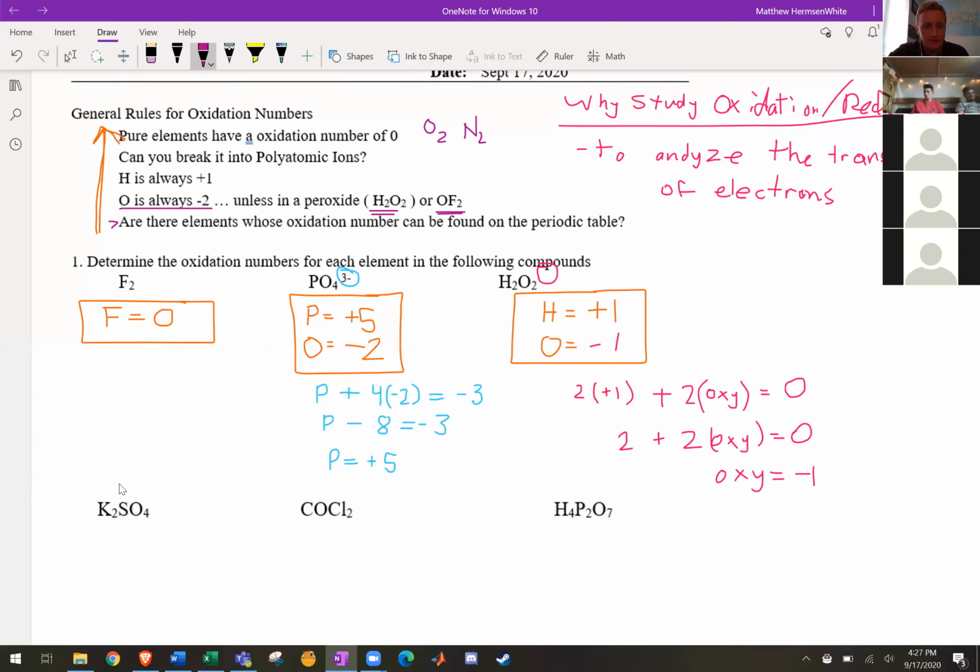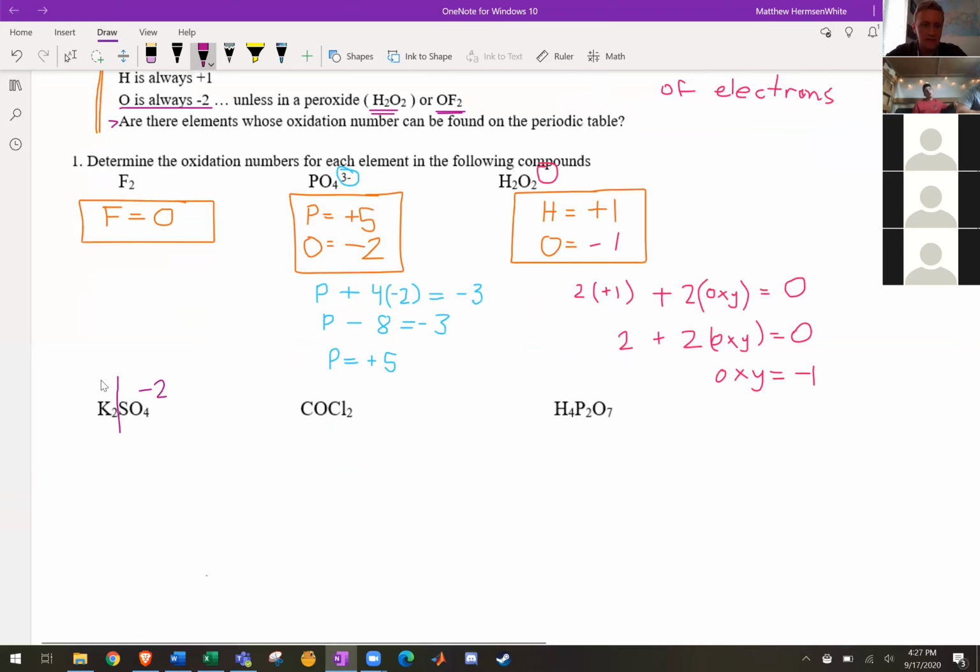Now, one of the things you can do is break these down into polyatomic ions. So we have a K2 and an SO4. What are the charges on both of these? Well, we know that SO4 has a charge of -2 because that is one of the polyatomic ions we've been working with this semester. So this side is -2, therefore the left side has to be equal and opposite, or +2.